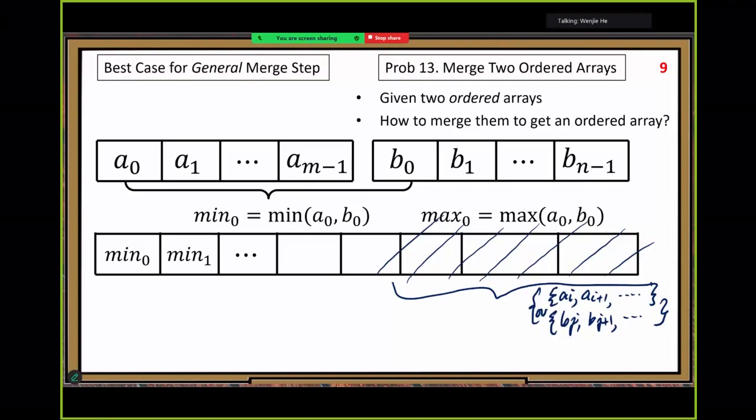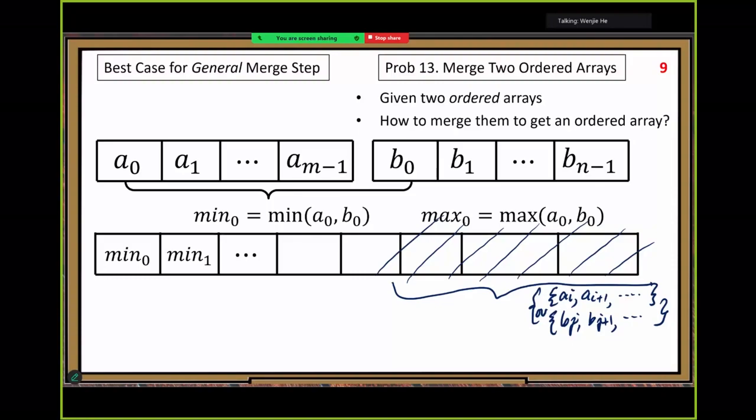Now, based on that understanding, the best case should correspond to either this A tail case or B tail case, right? For the A tail case, you want this A tail as long as possible.